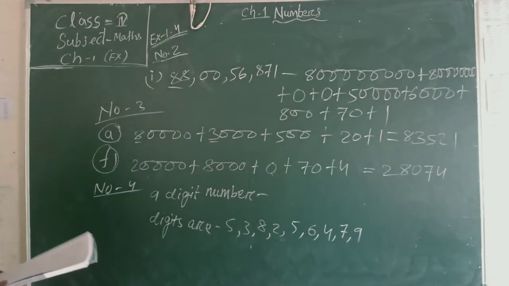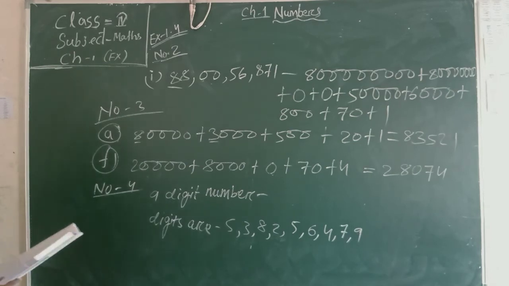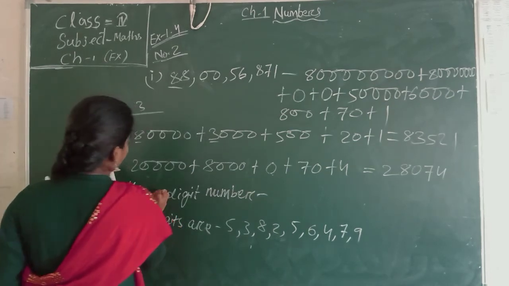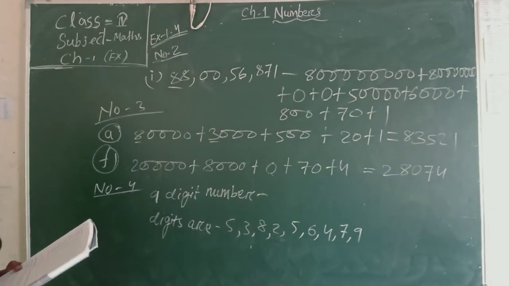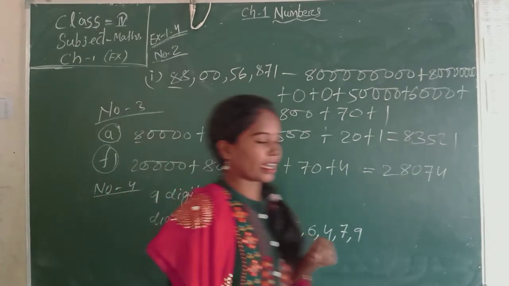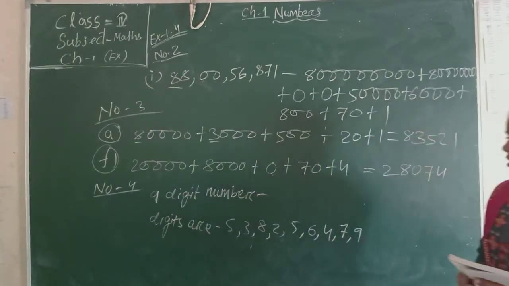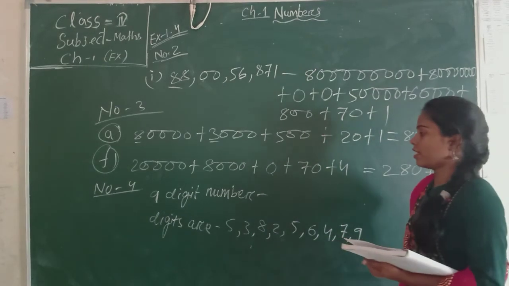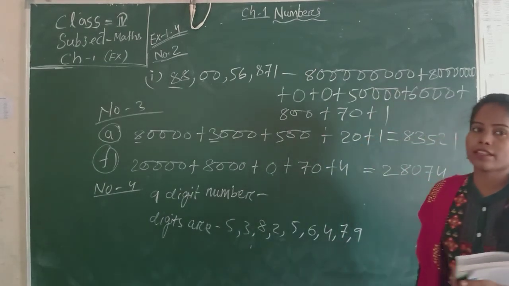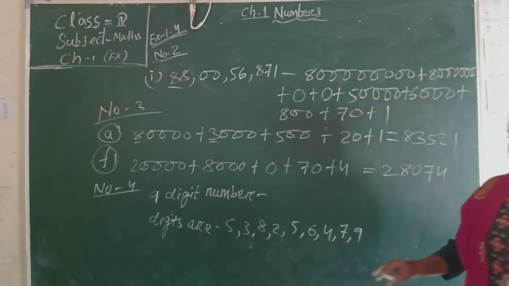Okay. So greatest. How can you write a greatest number? For making a greatest number, you have to arrange the digits in descending order. Descending means greater to smaller number.